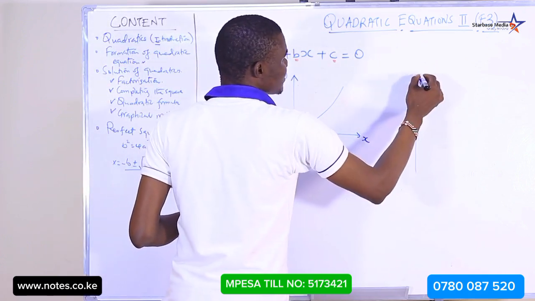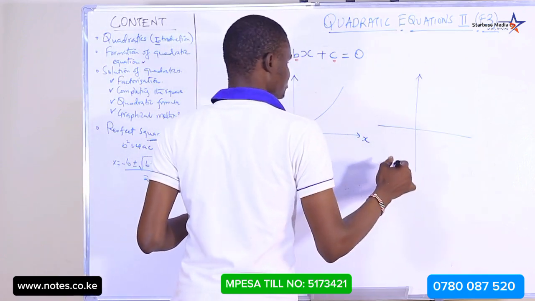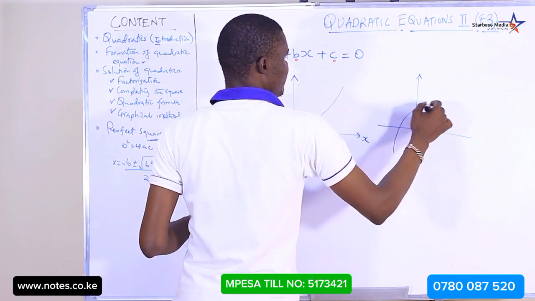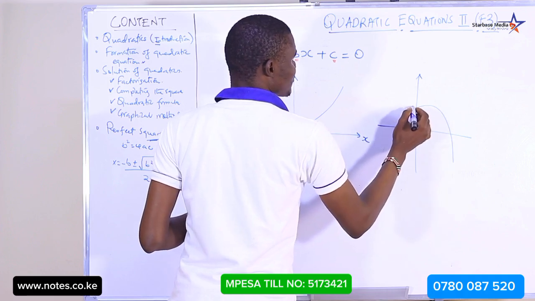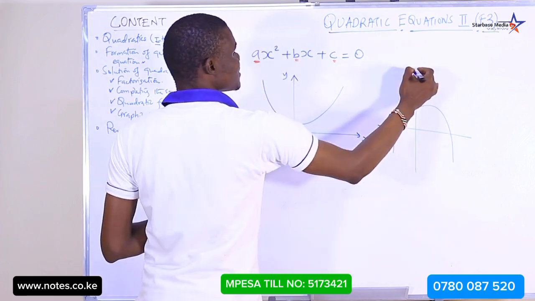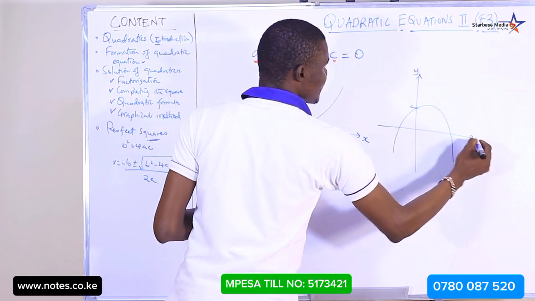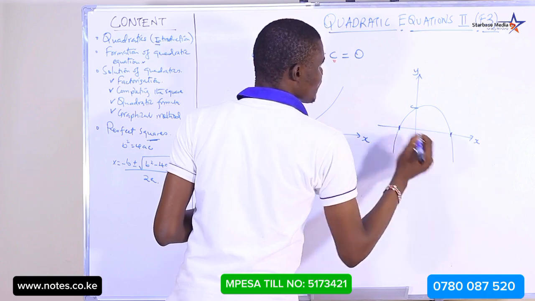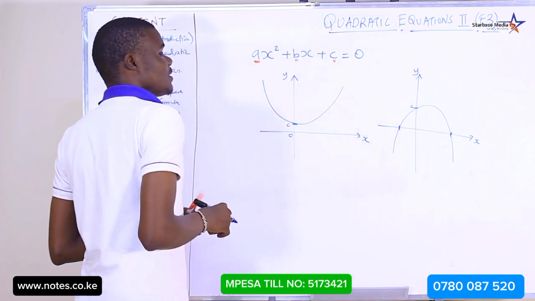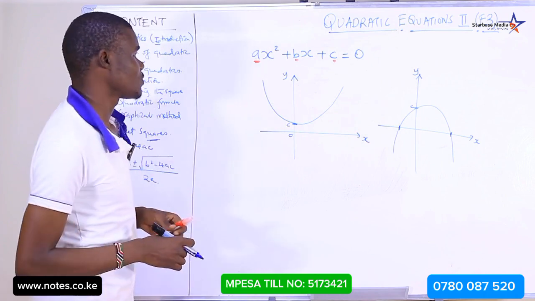A graph can also be drawn like this. So we've agreed that here is called c, where it cuts the y-axis. Then where it cuts the x-axis, that will be the solution for the particular quadratic equation.